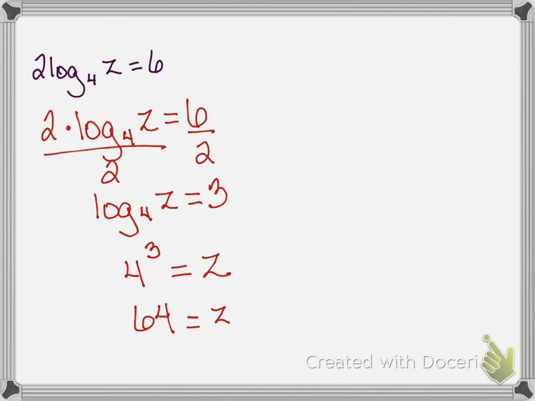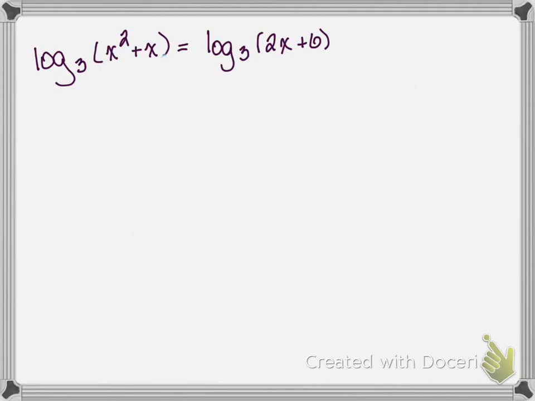Okay? This next problem, is it okay if I go to the next one? This next problem is where I have a log on both sides, and my log on both sides has the same base. So this is equivalent to log base x of a equals log base x of b.